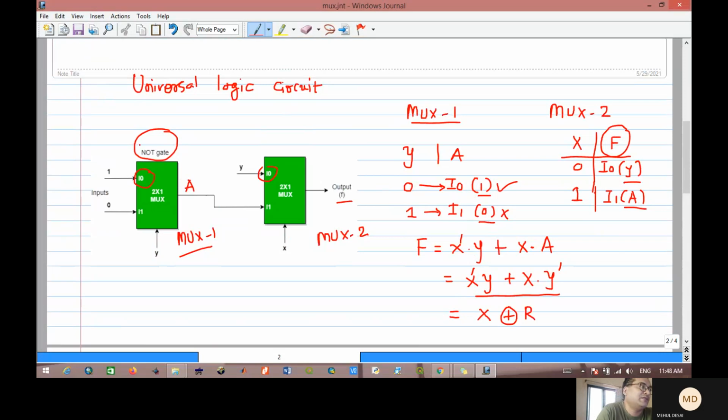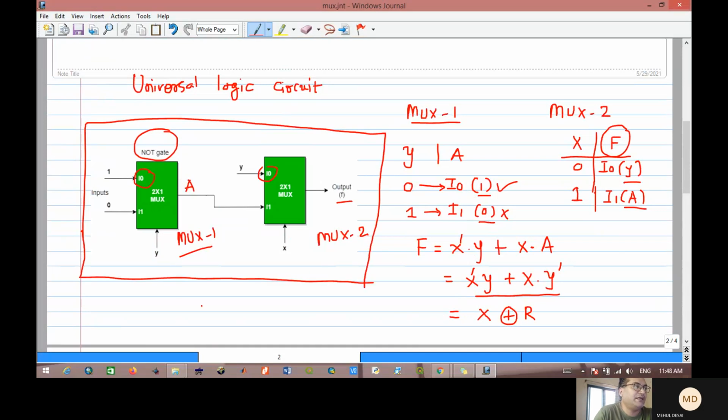So this is the combinational circuit made from the Mux that behaves like an XOR gate. By using this Mux circuit, we can develop any other logic gates also: XNOR, NAND gate, NOR gate, AND gate, and OR gate. Because of that, this Mux circuit is called a universal logic circuit.